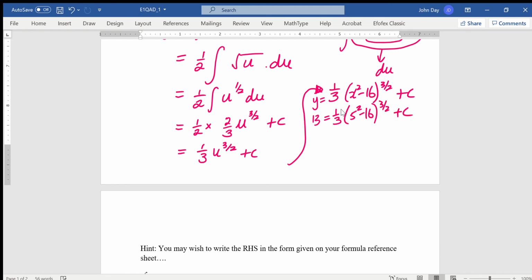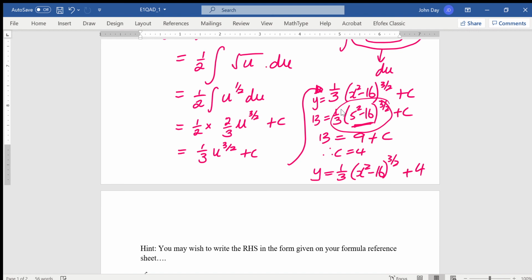We remember from before that that's 9 in the brackets. To the power of 3 on 2 is 27, times a third is 9. So 13 is 9 plus c. So c equals 4. So our final answer, either way we did it, was a third (x squared minus 16) to the 3 on 2 plus 4.